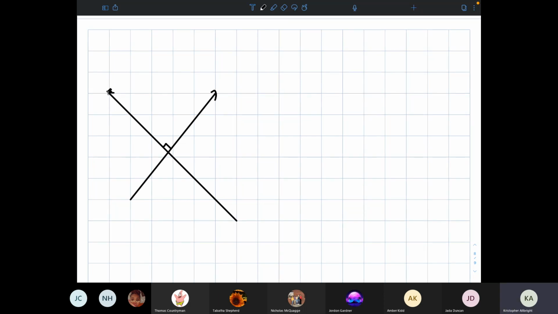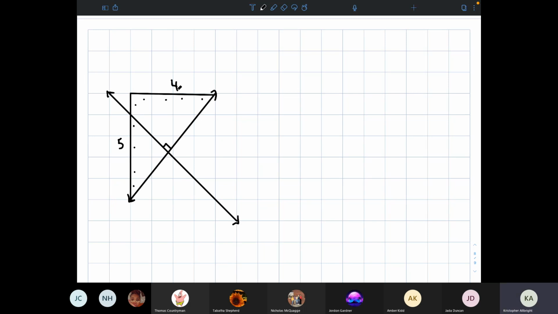So how we determine this is, let's kind of play with it a little bit. If we have up that many over that many, let's count them. Up 1, 2, 3, 4, 5, over 1, 2, 3, 4.